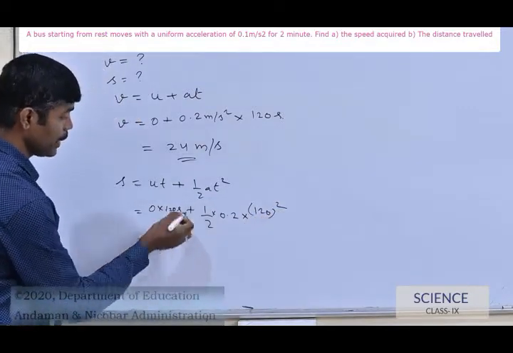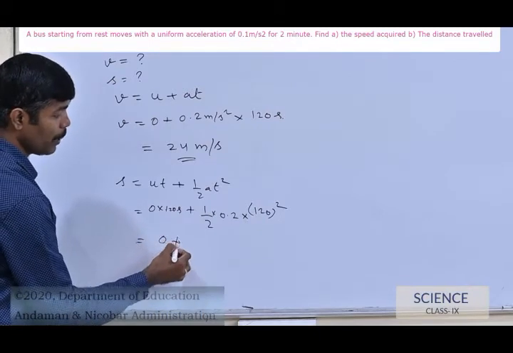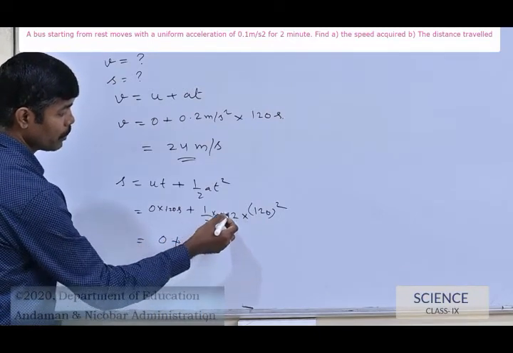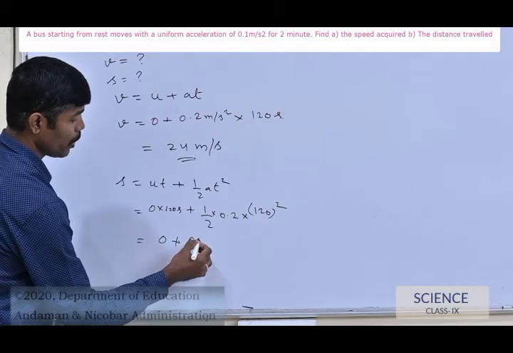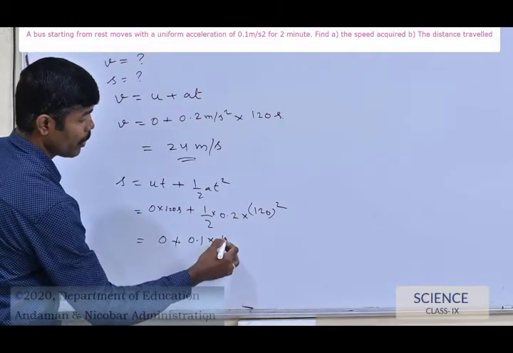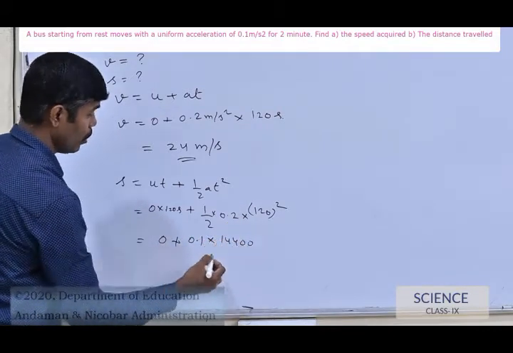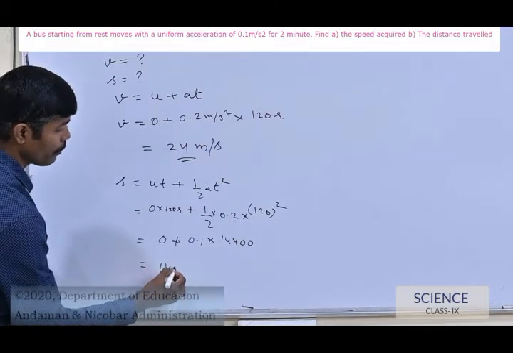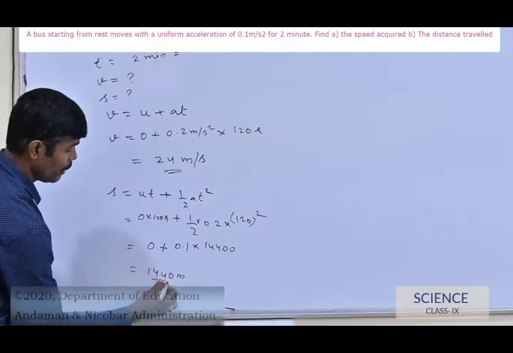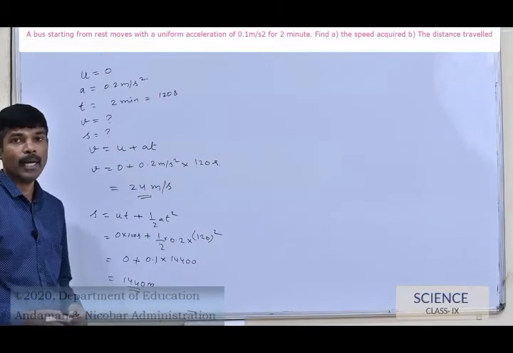The first term becomes 0, plus half. By solving this we get 0.1 into 14400, so we will get 1440 meter. So this will be the answer.